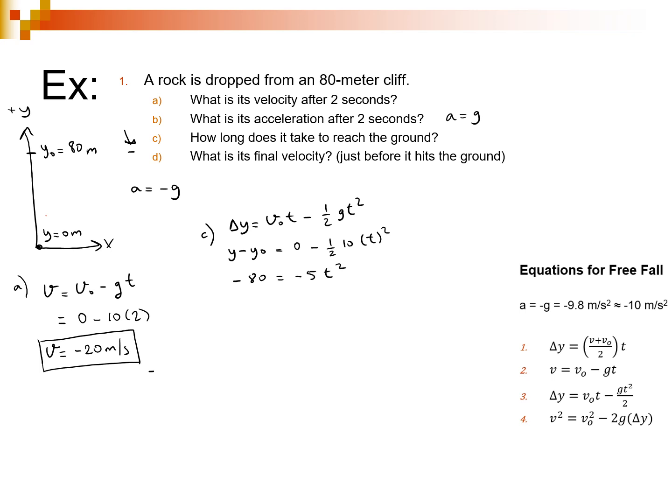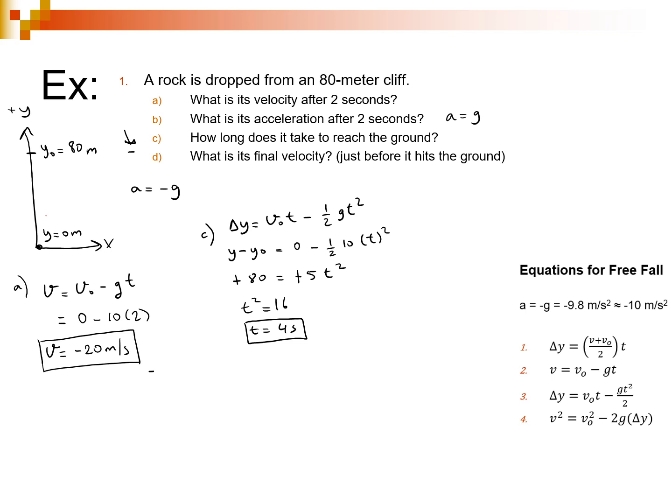We can just get rid of the negative by making both sides positive here. And 80 over 5 is going to give me 16. So t squared is 16. So this means time is 4 seconds. Yay! It takes 4 seconds for it to fall down.